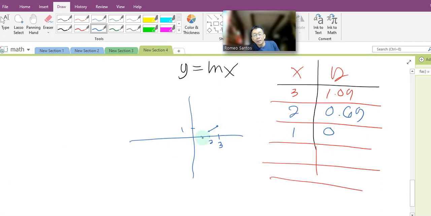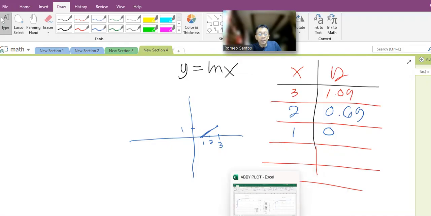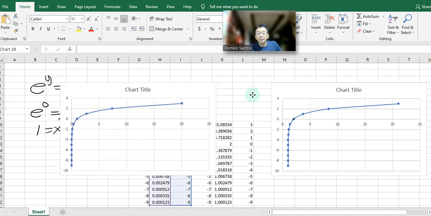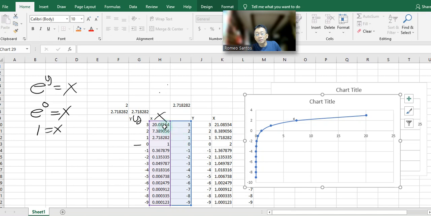Earlier in Excel, the same thing happens: when x is 1, y is 0, and these are the values. They are the same values.